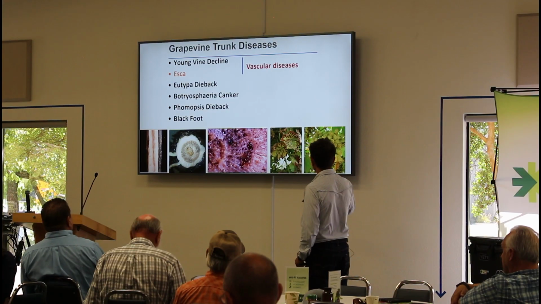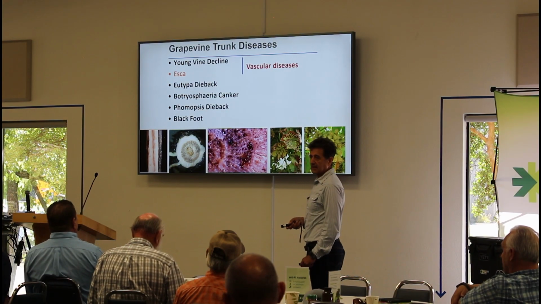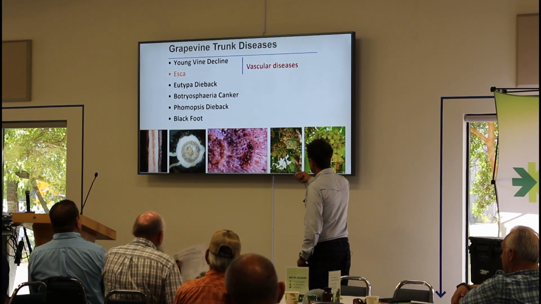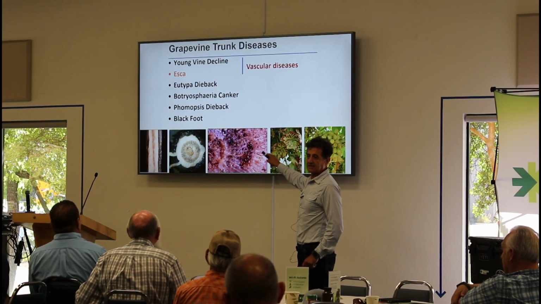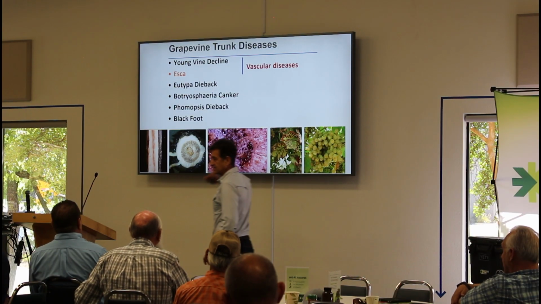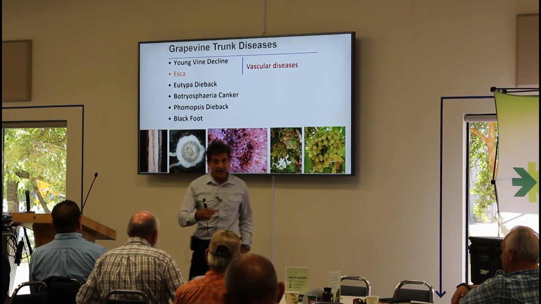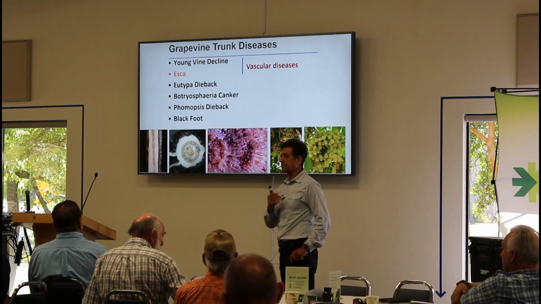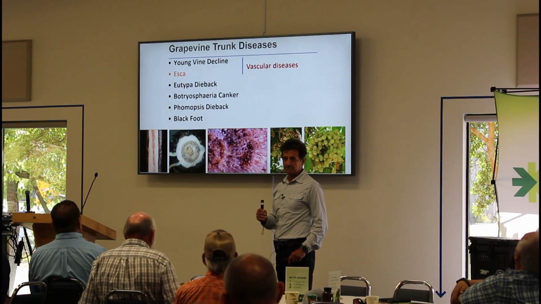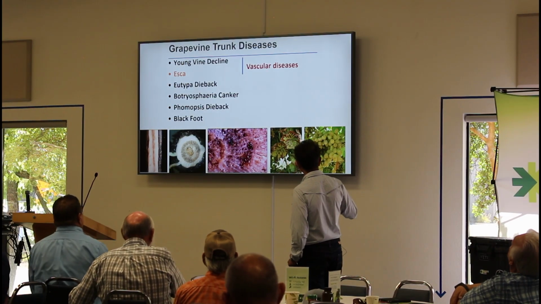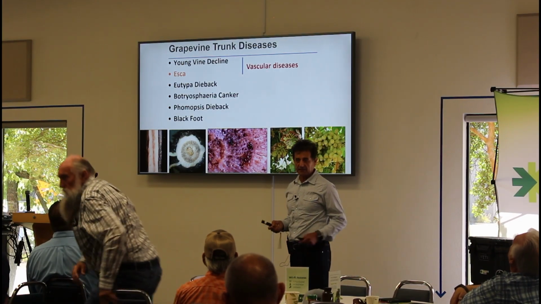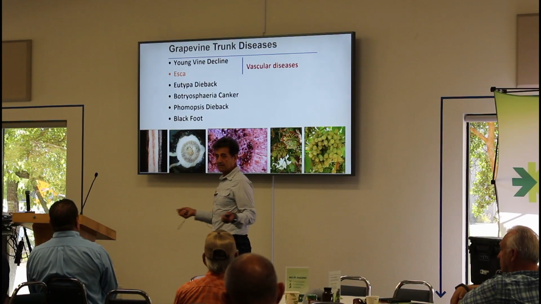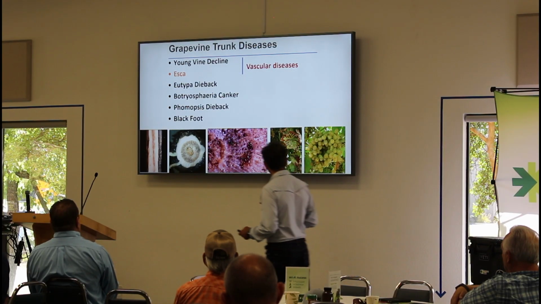That toxin causes these symptoms. If you want to manage these, you have to prevent and manage in those xylem vessels. It's very important to understand the biology and life cycle of the pathogen that you are dealing with. Otherwise, you may go and spray something that may not even work on that. And pesticides are expensive.